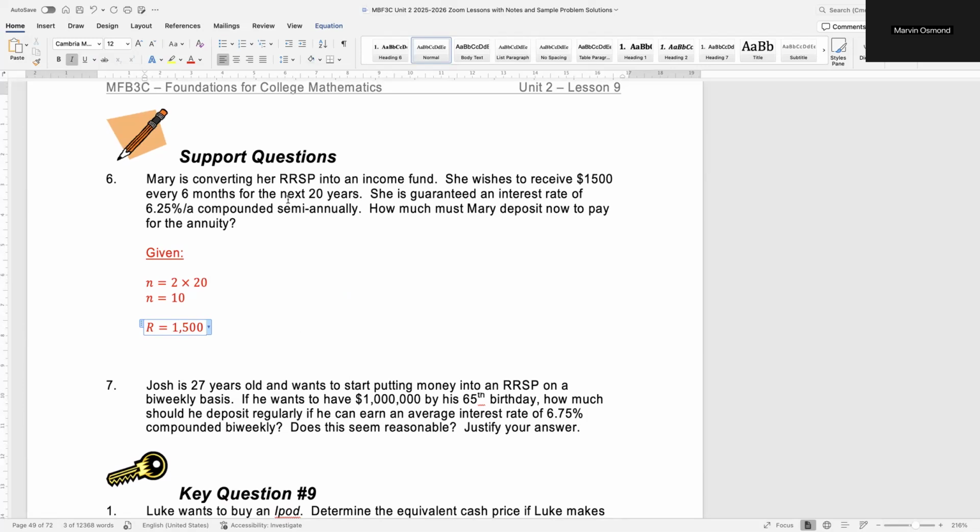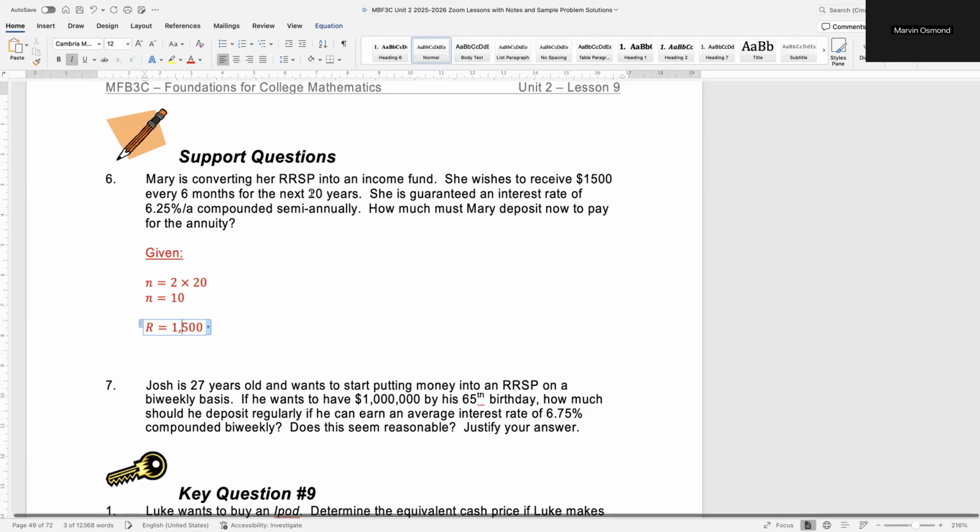Every 6 months. She wants to receive $1,500 every 6 months for the next 20 years. Okay, so we get the R value.